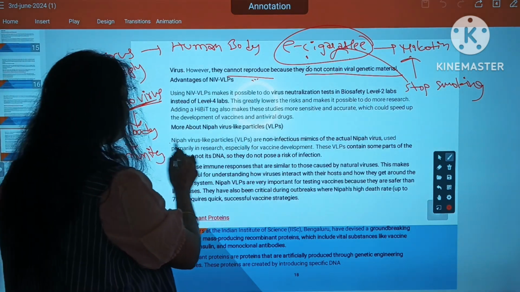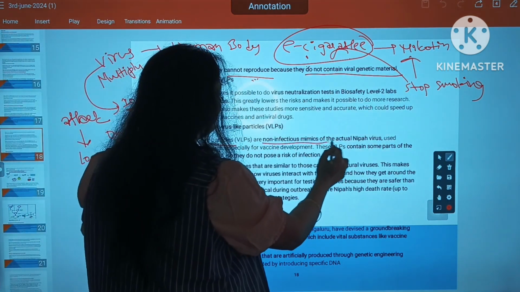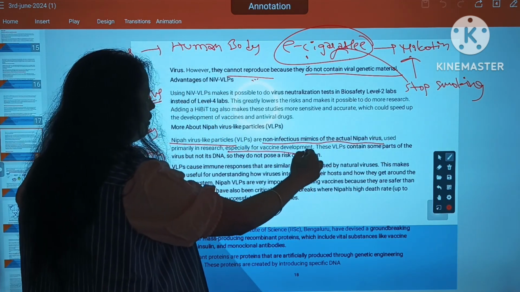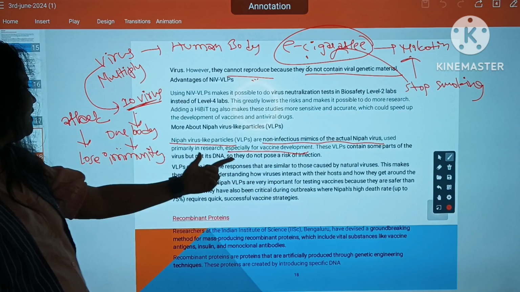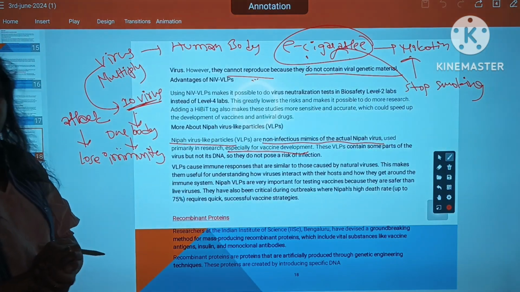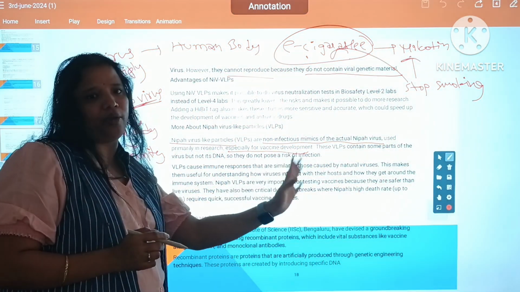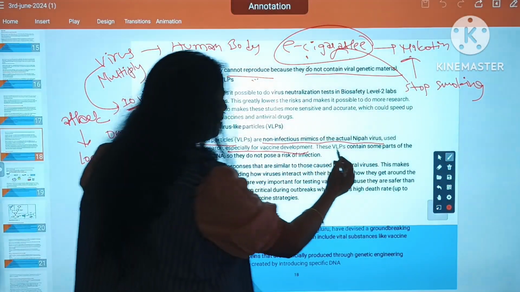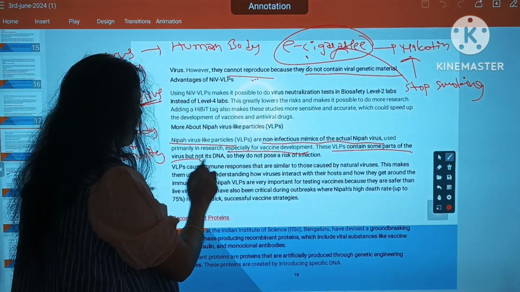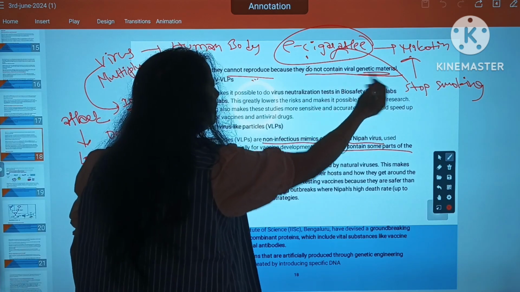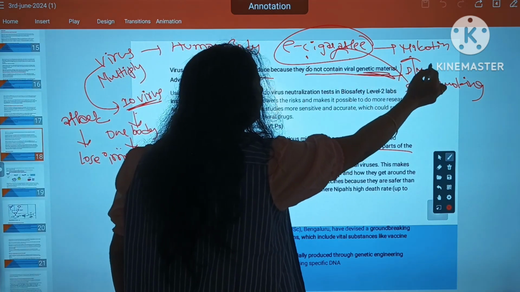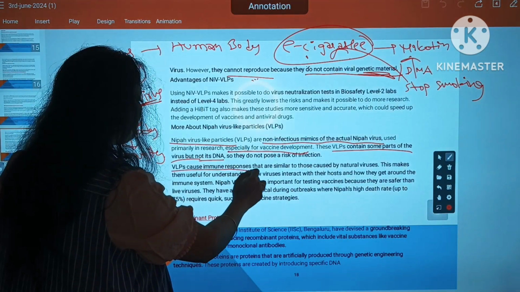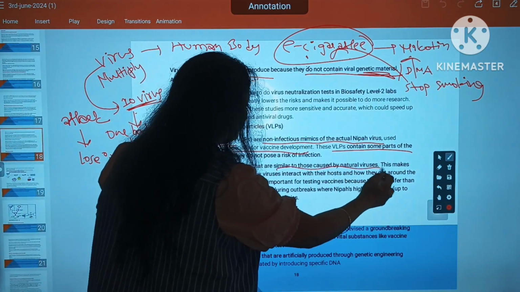Nipah virus particles are non-infectious mimics of actual Nipah virus, especially for vaccine development. What I told you, the same is written here. They are just virus particles for vaccine development, but they do not multiply, they do not attack a person. VLPs contain some parts of the virus, but not its DNA, not its genetic material, so they can't act on a human. VLPs cause immune responses that are similar to those caused by natural viruses.